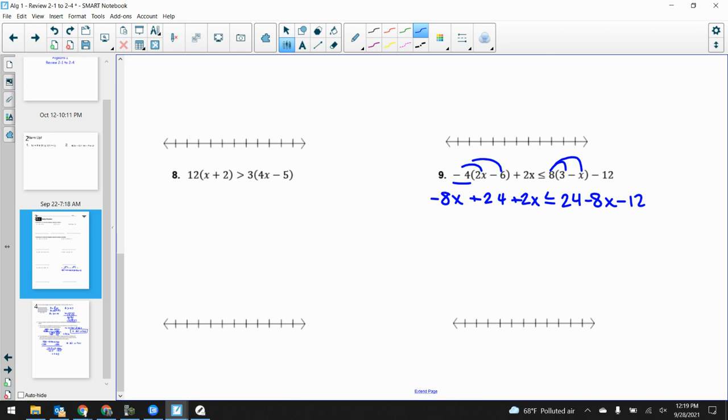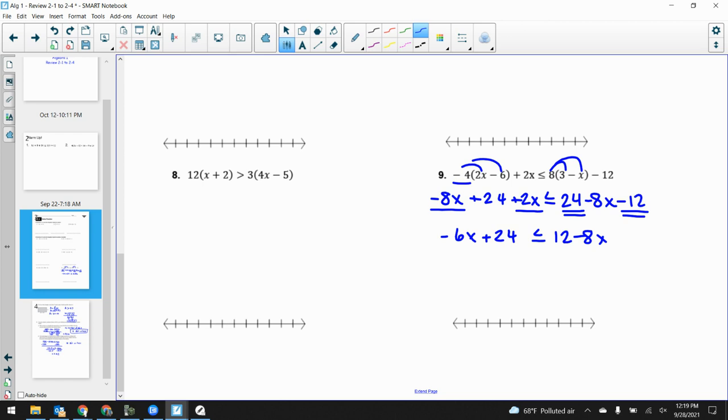Now, I need to combine like terms. There are still people confused on combining like terms on one side of the equal sign or inequality. All I'm doing is taking those and putting them together. Negative 8 and 2 make negative 6. 24 and negative 12 make 12.